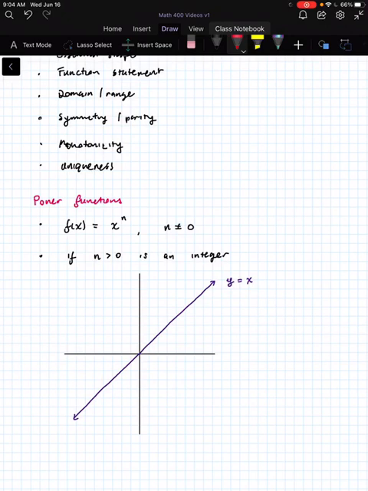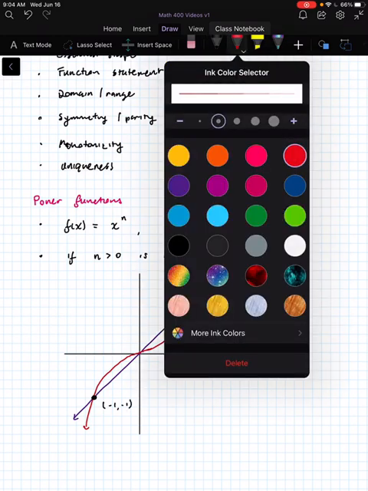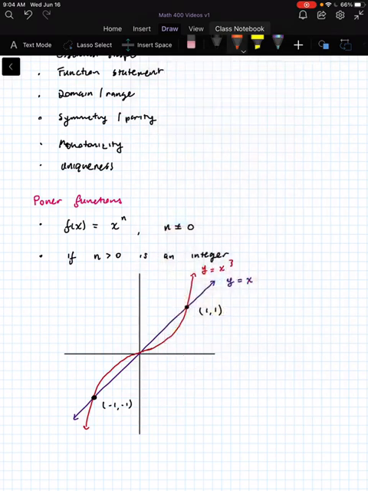And then we also have y equals x cubed. I'm going to label a couple of points here that are interesting for us to look out for. And we also have, let's do a couple more. Let's go orange. This one is going to be y equals x to the fifth.